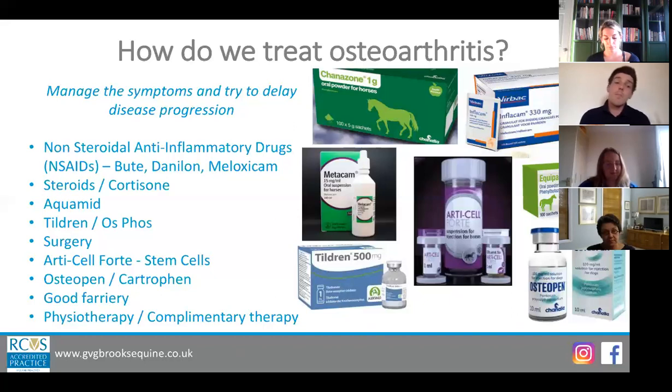So stem cells, there's a product called Articell, which is a stem cell product licensed in the UK, which is specifically for cartilage disease and osteoarthritis. It's been around for about a year now, and we have used it as a practice.